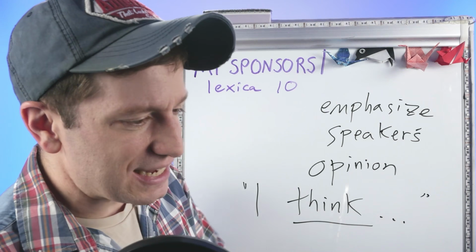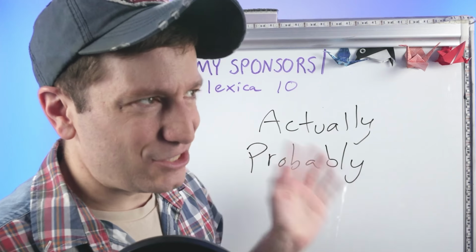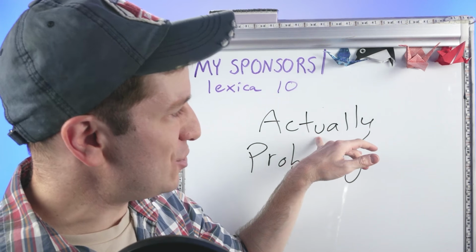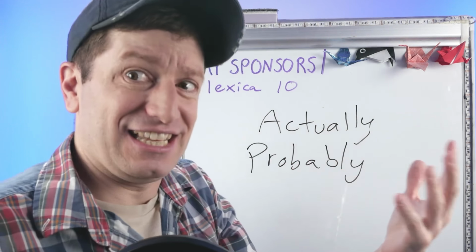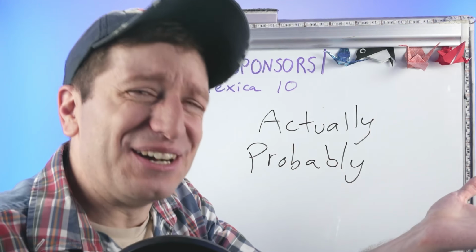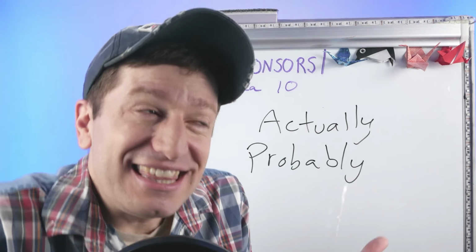So you can translate this in a few ways. Actually and probably are, I think, 2 of the best ways you can translate this in most situations, because it's used for saying, well, actually, and then you present your opinion, or probably, it's probably okay. You're not saying, I think it is okay, that's my opinion, but you're like, I think.